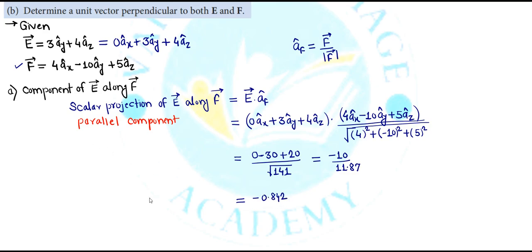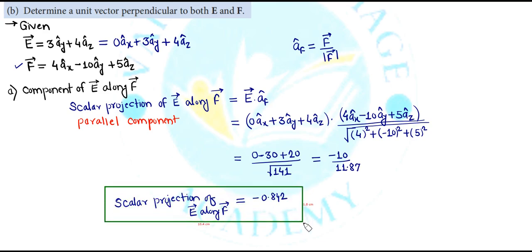This is your scalar projection of vector E along vector F. Okay, so this is the very first part of the same example. That is your part A of the numerical.